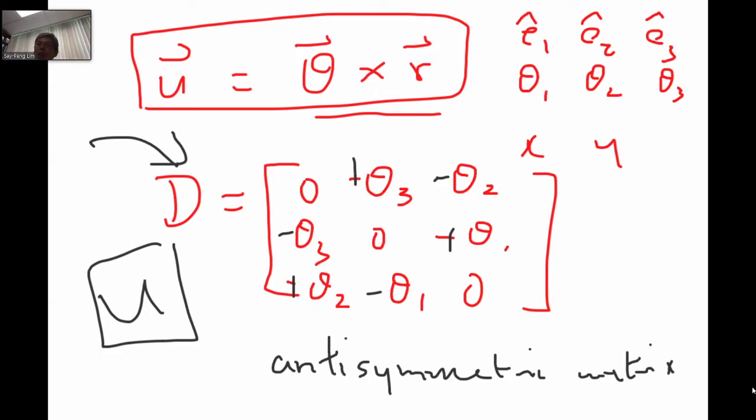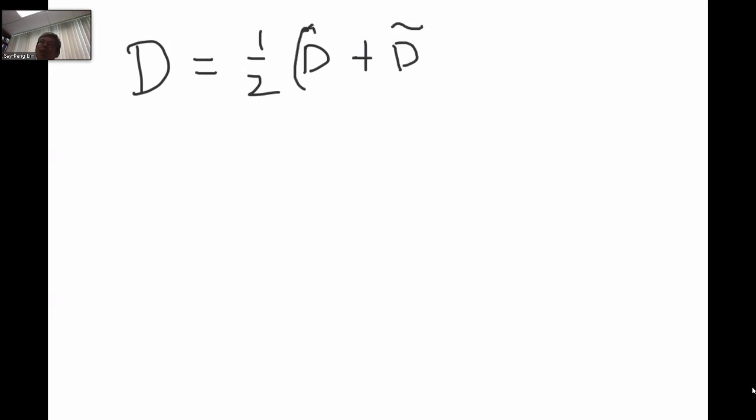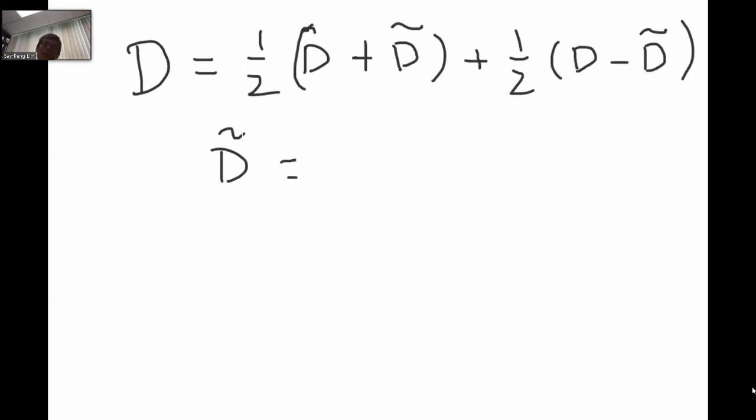And apparently, if you look at the thing, you will understand that given any matrix D, you can always write it as 1/2 (D plus D tilde) plus 1/2 (D minus D tilde). All right, if you remove the parentheses, you would see that. And D tilde is just the transpose.